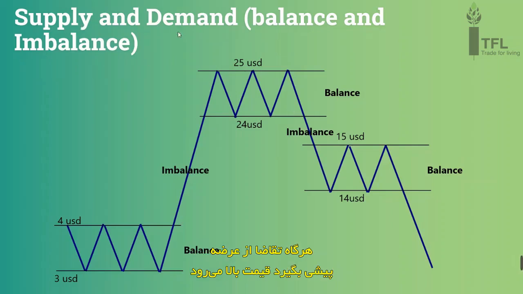When the demand is higher than supply, it will push the price higher. Of course, there are other names for it, accumulation and distribution, so it does not matter. From this movement over here, we are going into a more detailed type of movement. So let's start.